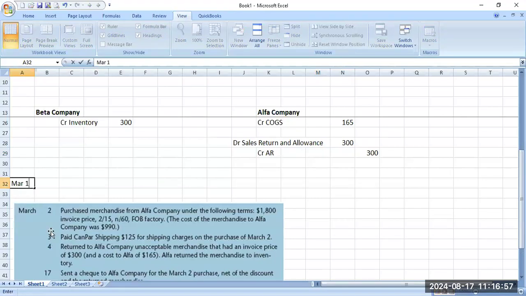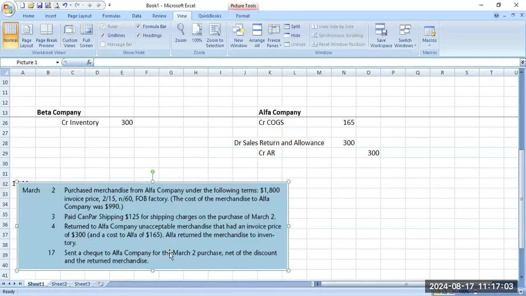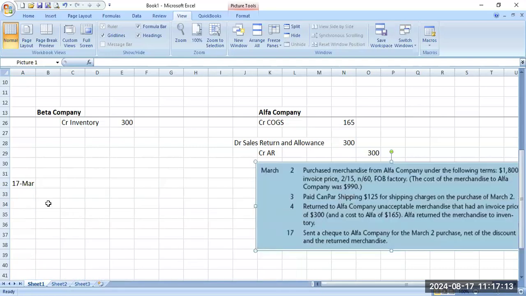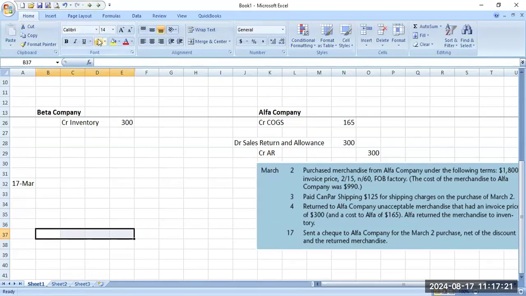Now, March 17 is the last transaction. Beta Company sends a check to Alpha Company for the purchase. Let's see how much Beta Company needs to pay. That will be the first thing that we have to calculate. So let's open this accounts payable account here.